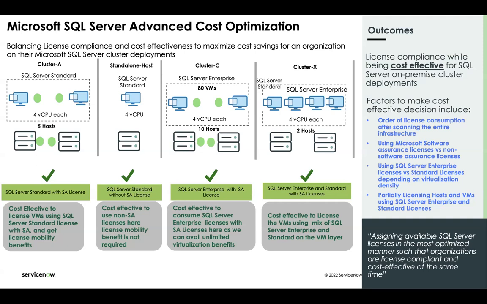So what ServiceNow SAM is going to do is scan your entire infrastructure and determine where it is more cost effective to apply which license, whether it has to use SQL Server Enterprise or SQL Server Standard, where it has to apply Software Assurance benefits, and where it is more prudent to apply non-Software Assurance benefit. And then it would apply those licenses so that you are cost effective as well as license compliant as per the licensing rules of Microsoft. So this is the feature in a nutshell.